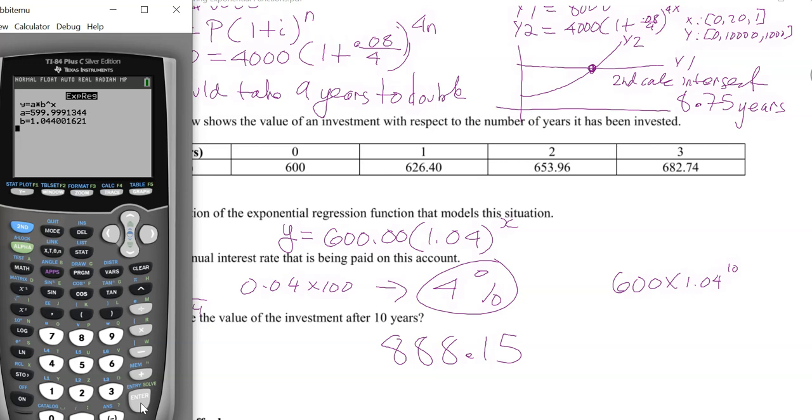So now it's 599.999, etc. If I go into the table, it's a different value. So if I graph that, hit second calc, value, and put in 10. So now we get 922.92.